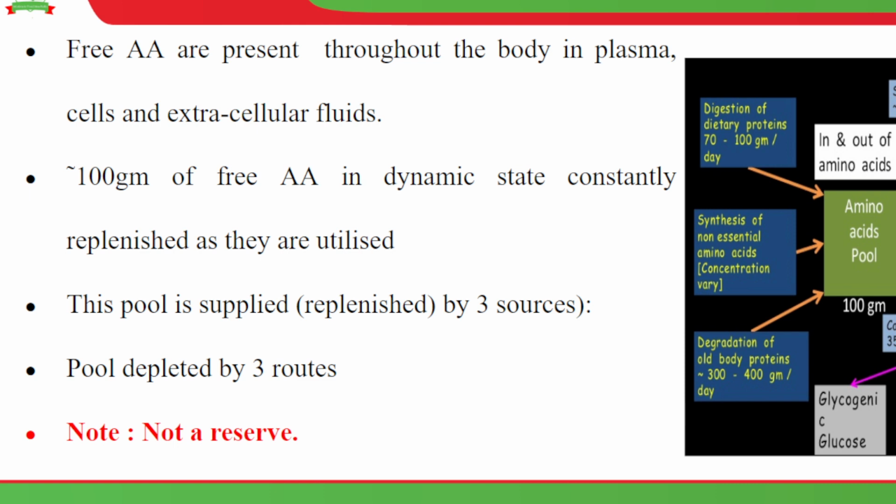However, we have other mechanisms by which the body utilizes this amino acid pool. One is during the process of protein synthesis. They use up to around 300 to 400 grams per day for protein synthesis, meaning your body is making new proteins each and every day. This possibly increases when you have damage or injuries on your skin and everything, so that new proteins are made by your body.